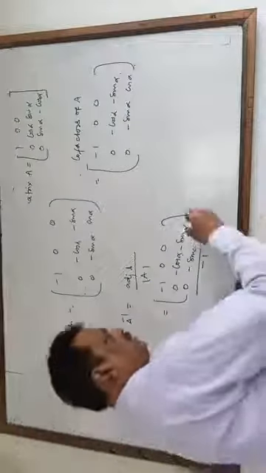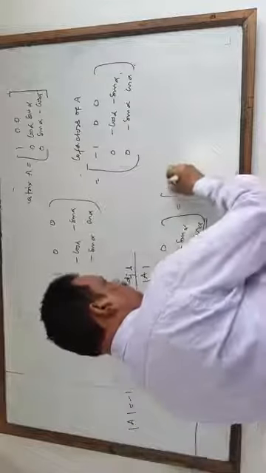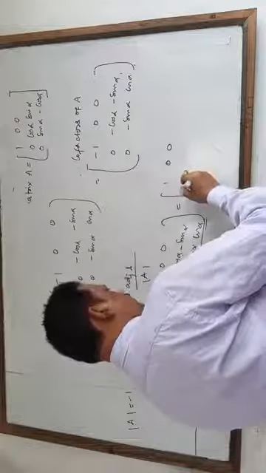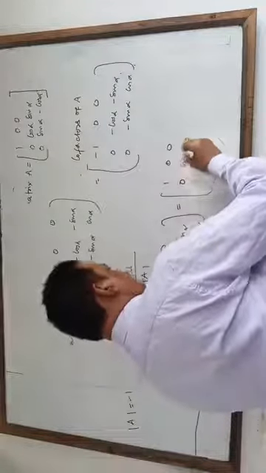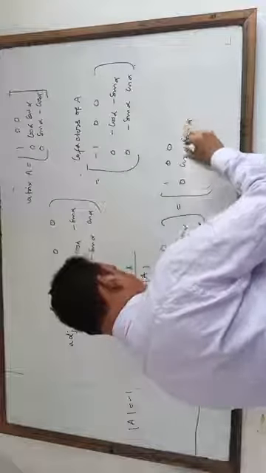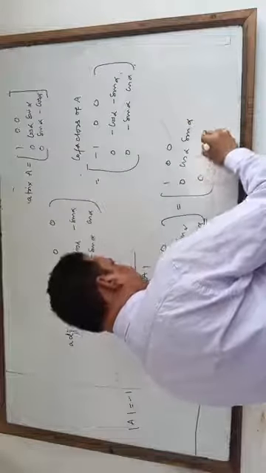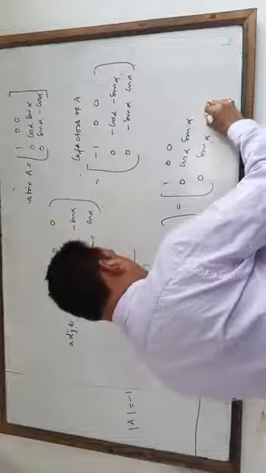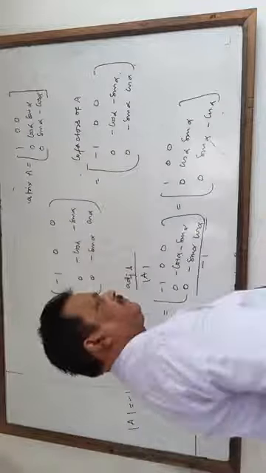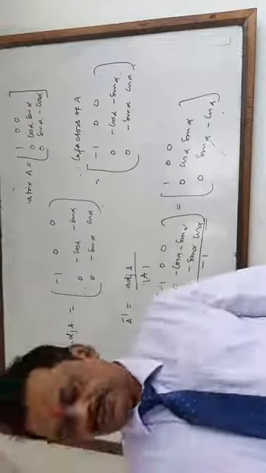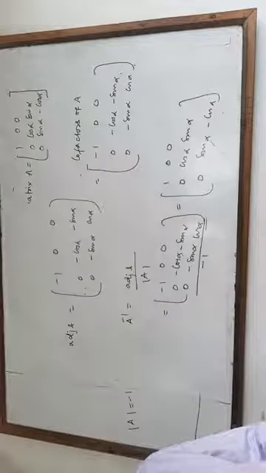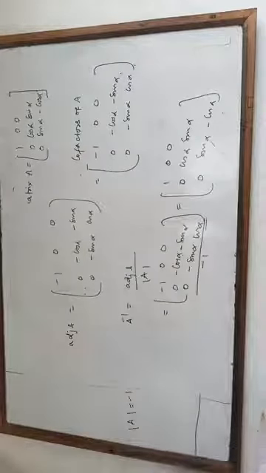So that gives you 1 0 0, 0 cos alpha sin alpha, 0 sin alpha minus cos alpha. This is your answer. Okay, this was the textbook question. So, two more important questions we are going to do.